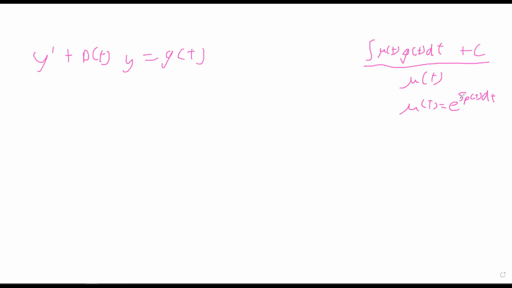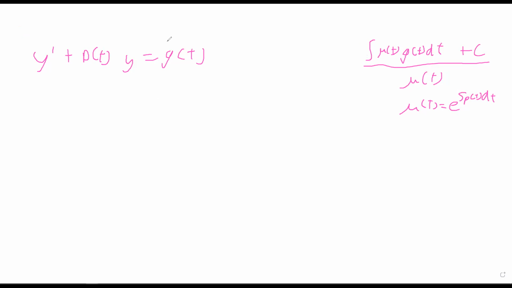The negative sign only appears if g(t) is 0. But if g(t) is 0, you observe that this whole thing goes away. So you're just left with c over mu(t). And if mu(t) is e to whatever and it's in the denominator, it gets a negative sign. So I prefer just memorizing this. Does anyone have any questions about this equation? I use it for all first order linear differential equations.